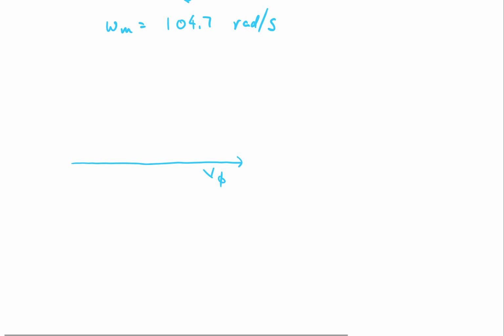So if we just project here, if this is our IA, and then let me just draw this dotted line out here so that I get a right angle going through here, then this line would be my jXS IA phasor. And then here's EA.